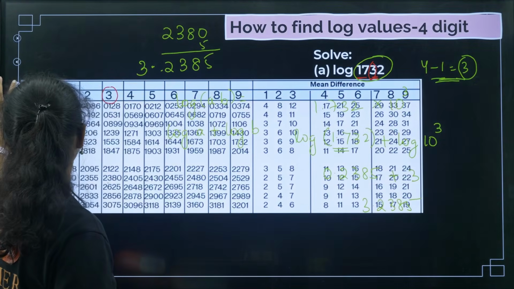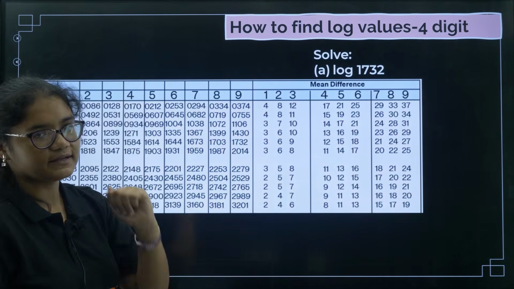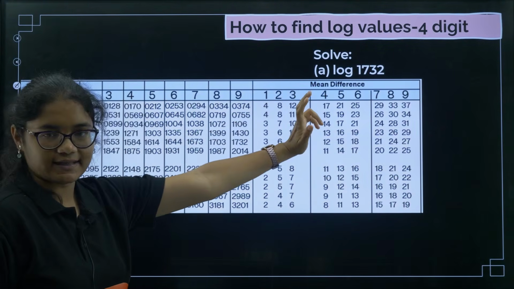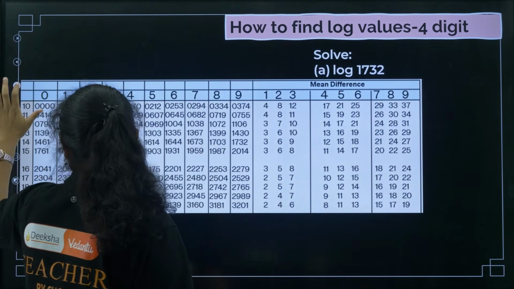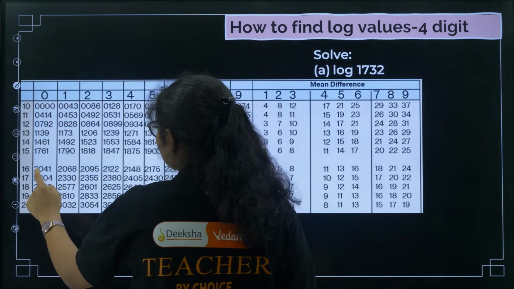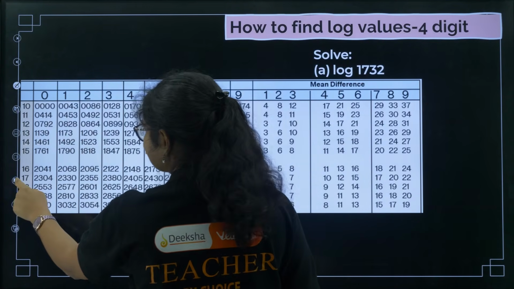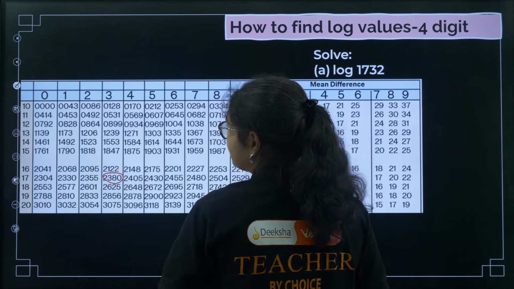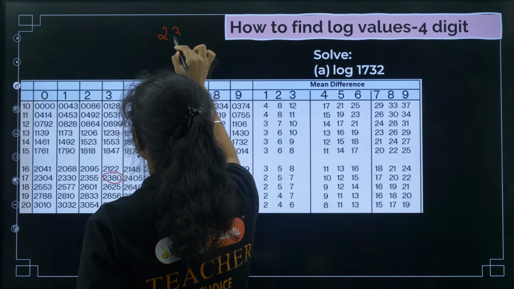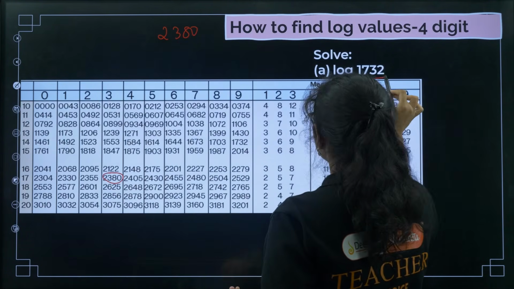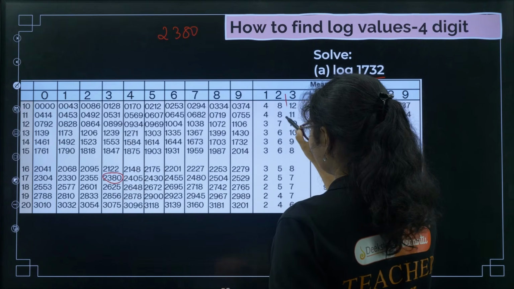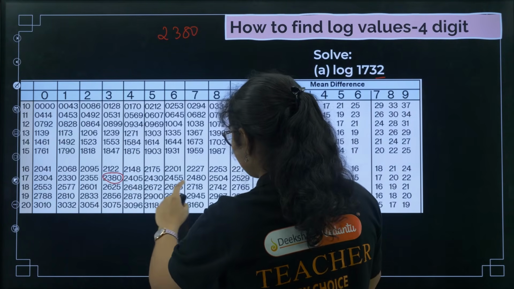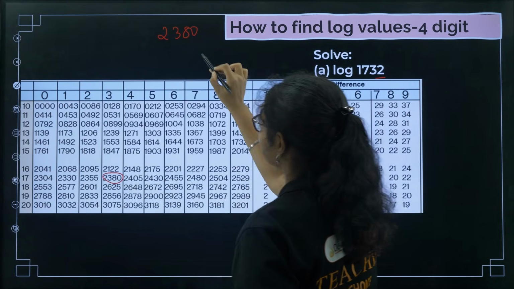First, we'll erase everything and start once again. 17 is there. The first 2 digits you need to consider. Check 17 where it is. Then the next digit is 3. So in the 17th row, the third number is 2380. Then the fourth one is 2. So you need to check 2 here, the 17th row again, and that number is 5.